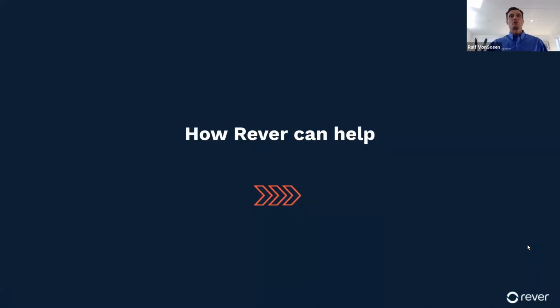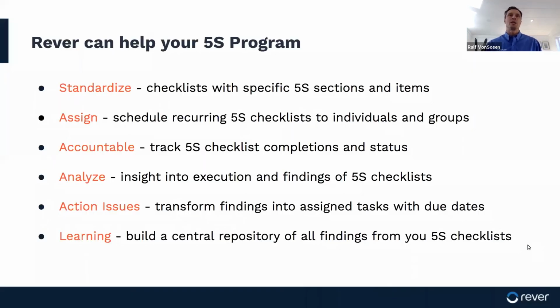So there's a few ways that Revver can help in using the interactive routines and checklists that we have. One is to standardize checklists with specific 5S sections and items. Assigning: schedule recurring 5S checklists to individuals and to groups. Accountability: track 5S checklist completion and status.